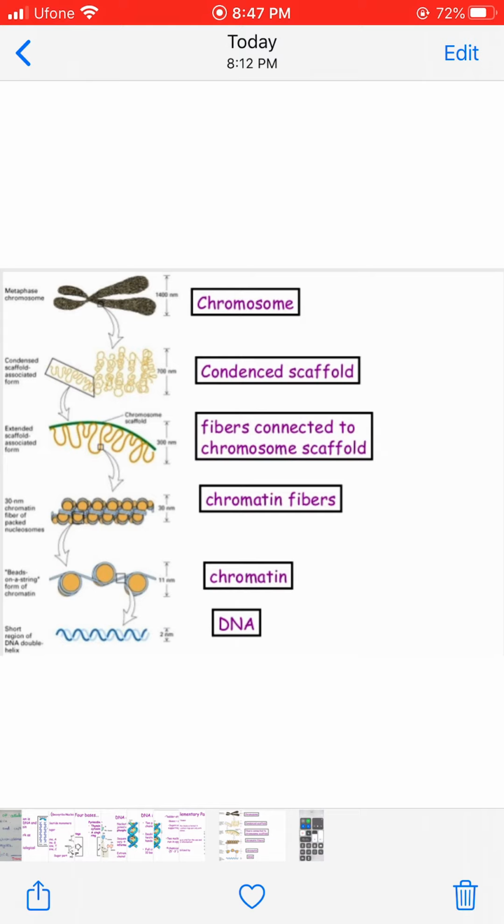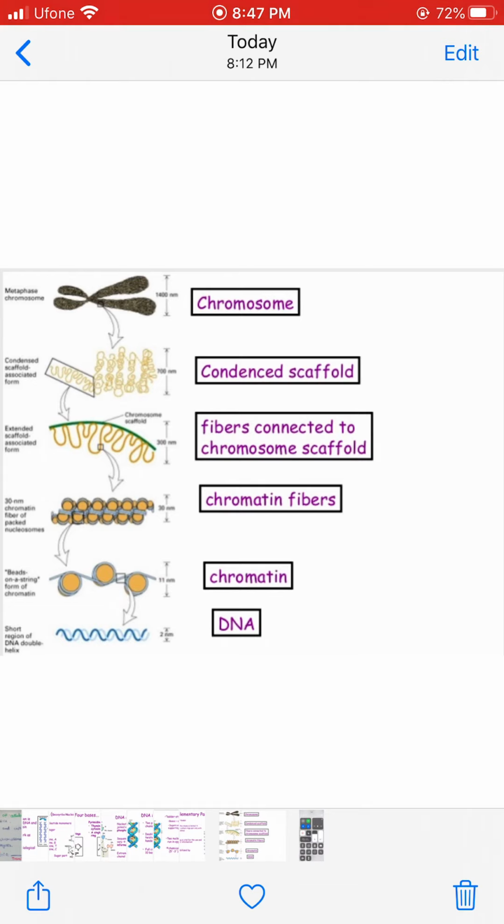As I told you before, the structural information is present in the form of DNA. In eukaryotes, the DNA is organized into chromosomes only, a chromosomal structure. So here we will see how DNA is arranged in the form of chromosomes.